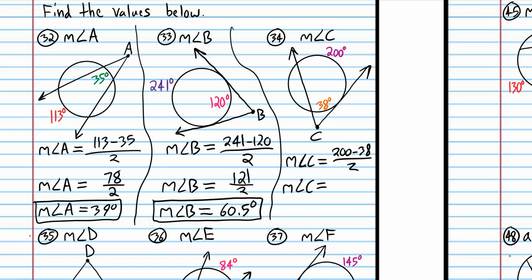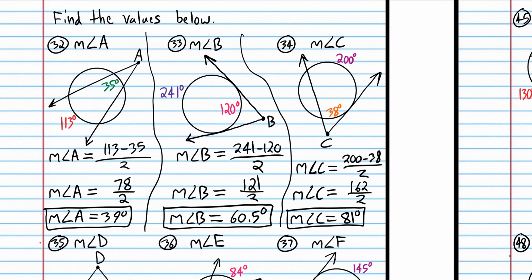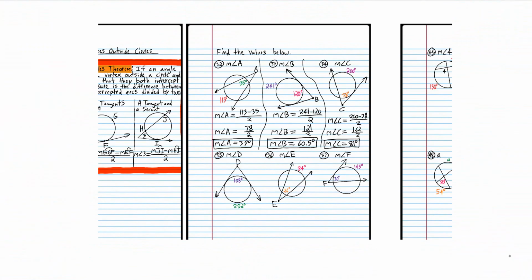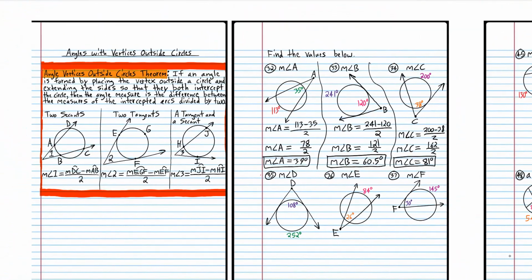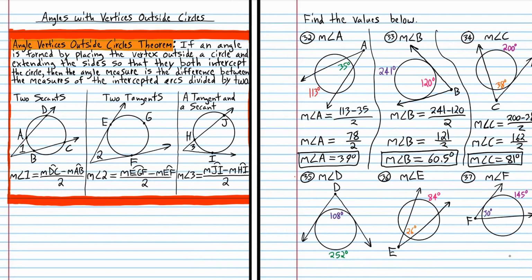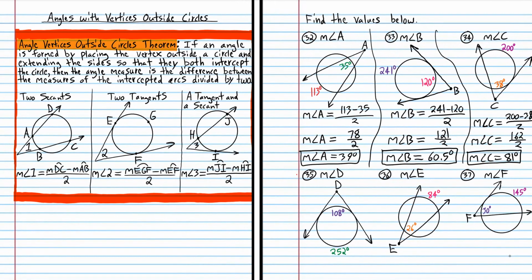And 200 minus 38 is 162. And divide that by 2, and we get 81 degrees. So measure of angle C is 81 degrees. So again, 3 situations, but it's really the same concept. So I want you to try number 35, and when you come back, we'll do it together.